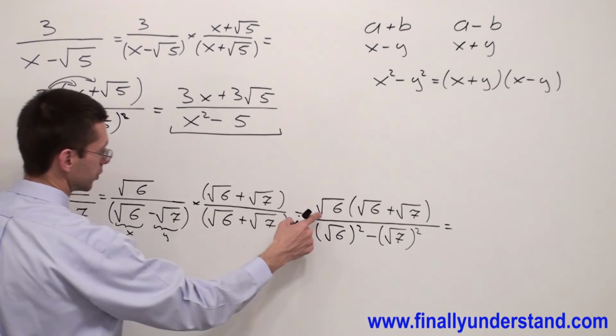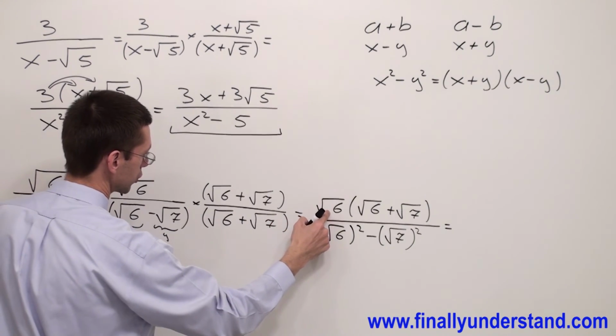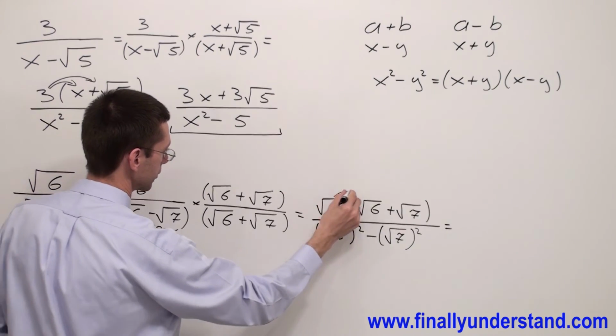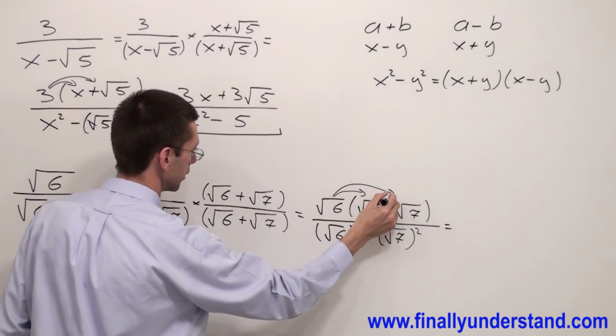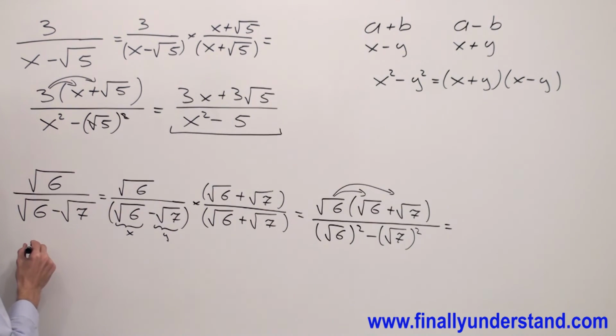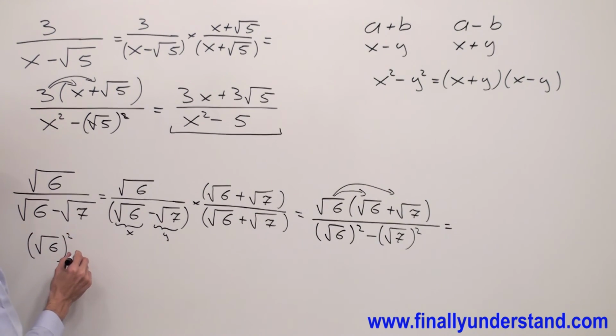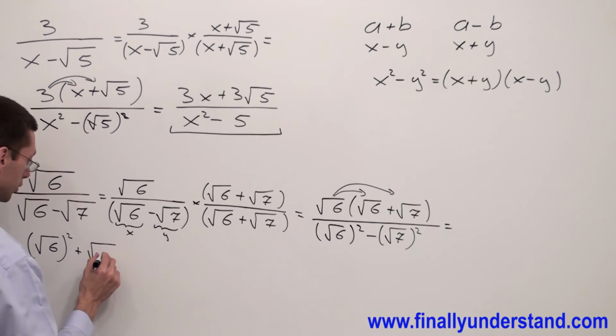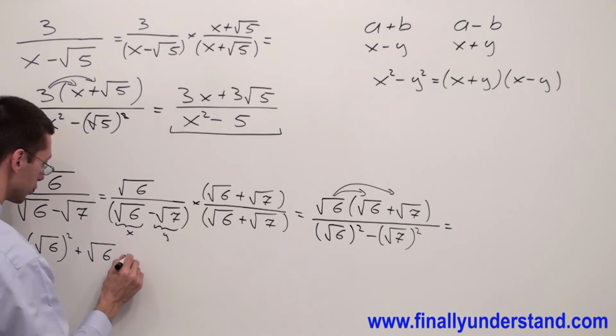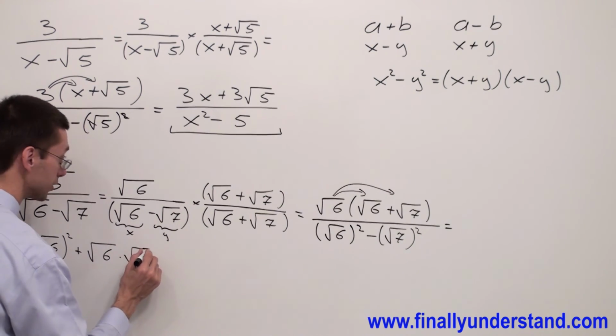I have to distribute this square root of 6 into the parentheses. Okay? Square root of 6 times square root of 6 is square root of 6 to the second power, and plus square root of 6 times square root of 7. I'm doing everything step by step.